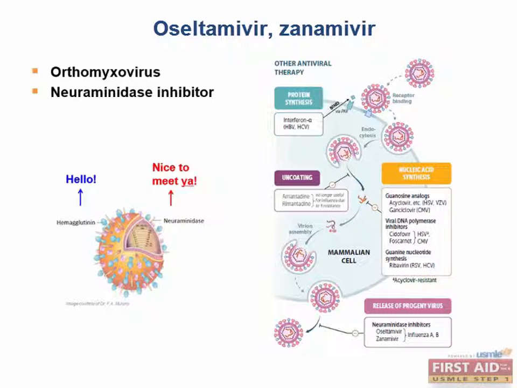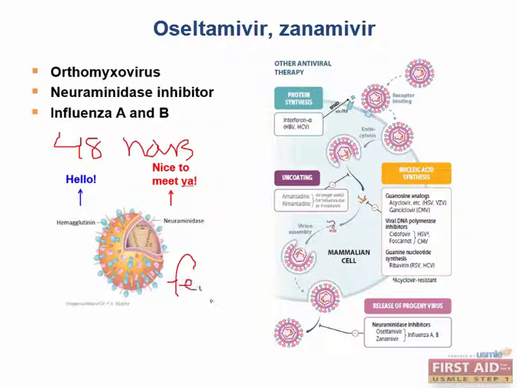It's important to know that these drugs can be used to treat both influenza A and influenza B, and they must be given within the first 48 hours of the infection. Do you remember the two most important symptoms of an influenza infection? That would be fever and systemic myalgias. Very good.